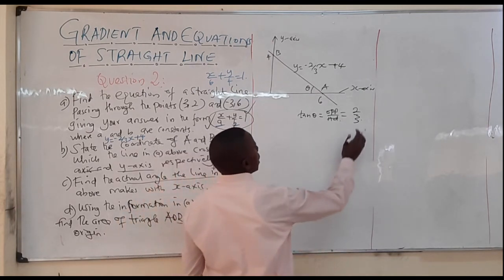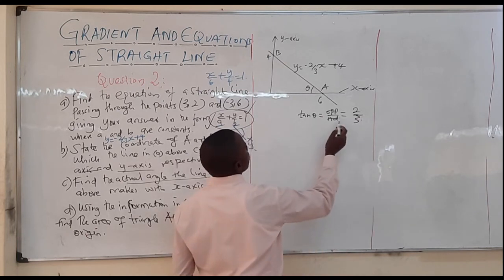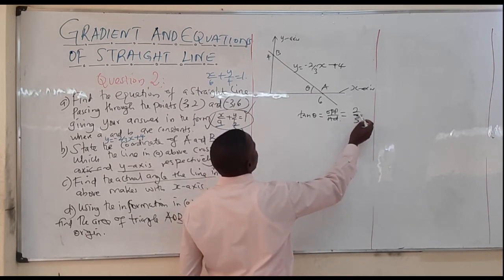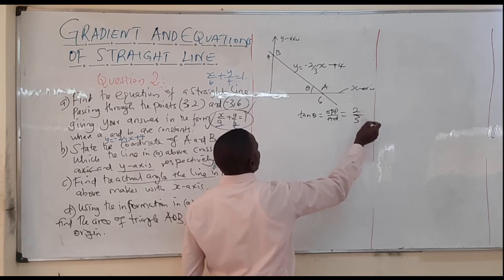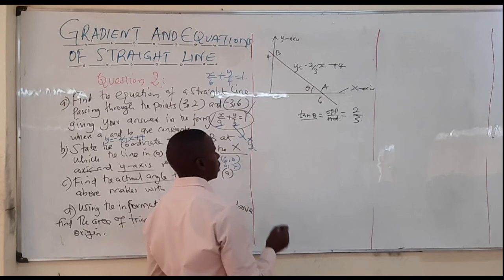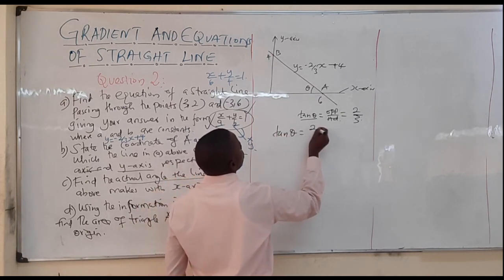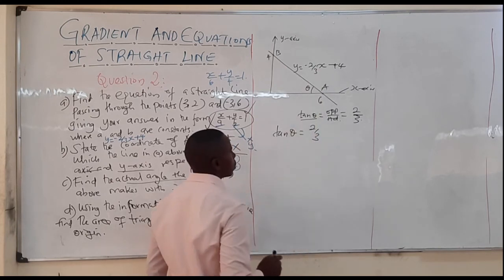We take the absolute value of our gradient, because that is the vertical change divided by the horizontal change, which is equivalent to the tangent of theta. So our tan theta will be equal to the gradient, which is 2 over 3.